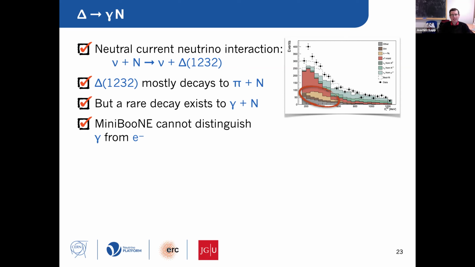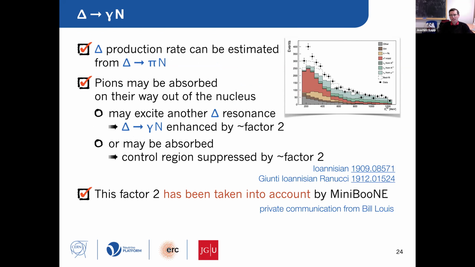Now one can argue whether this background has been correctly estimated, and for all we know it has been correctly estimated, but I still want to point out some of the caveats one may encounter when trying to estimate this background. Now you might argue, well, in principle, we can measure the rate of delta production by looking for the dominant decay mode, right? I said that most of the time the delta resonance decays to a pion. Pions can be identified.